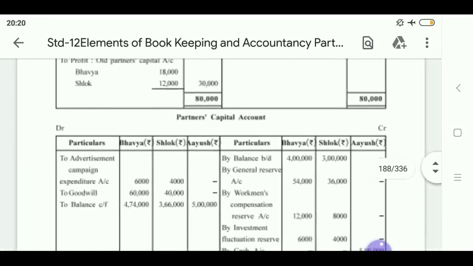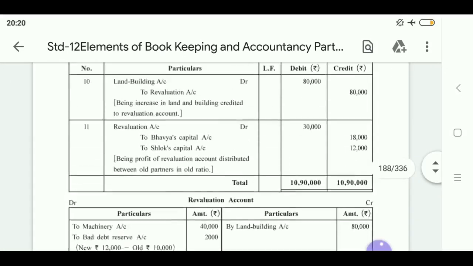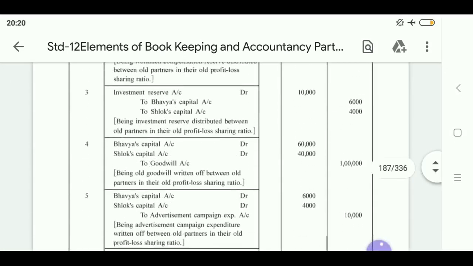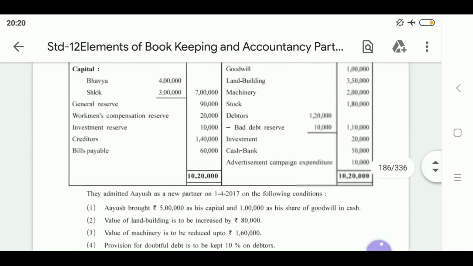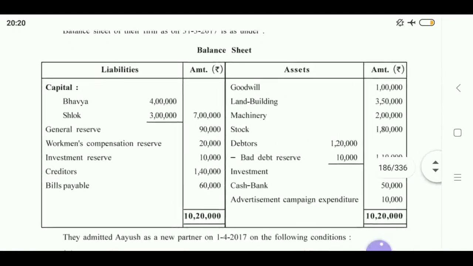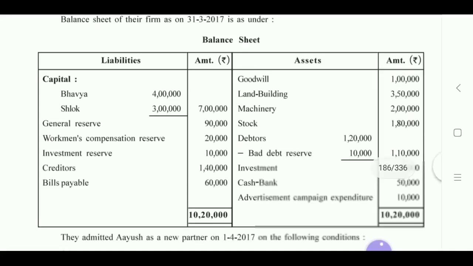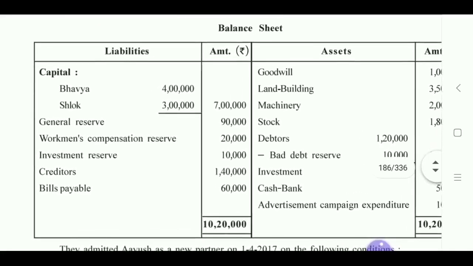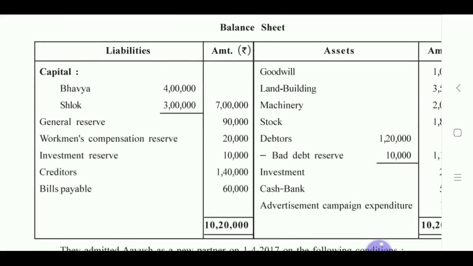Now talking about the remaining items. In the balance sheet, let us check. We'll start from the credit side. The very first item mentioned is capital. The opening balances we have written, of course, in partners capital accounts, credit side, 4 lakh and 3 lakh respectively.